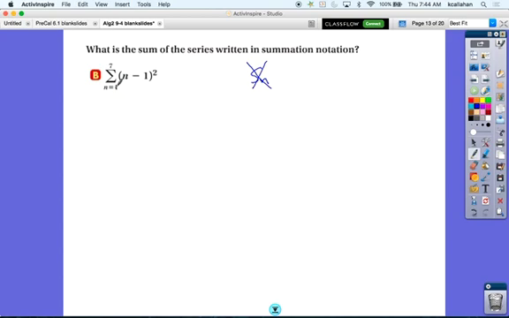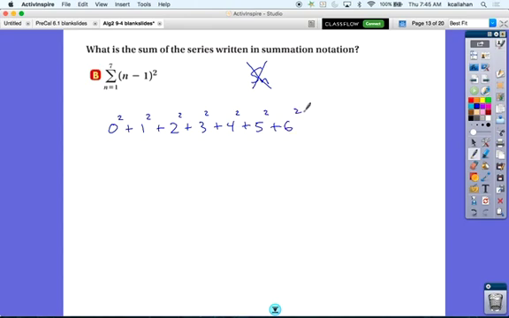Right, the first term when we plug in, we'll get 1 minus 1, which is 0 squared. The next term will be 2 minus 1, which is 1 squared. And you can imagine how this is going to go. 2 squared plus 3 squared plus 4 squared plus 5 squared, plus the last term should be 7 minus 1, which is 6 squared.